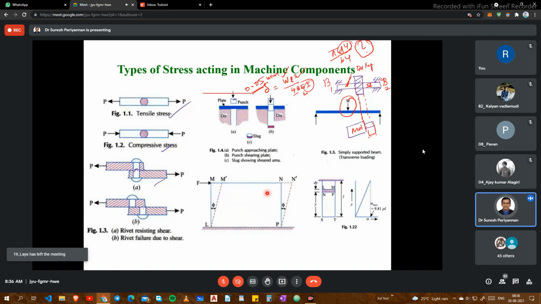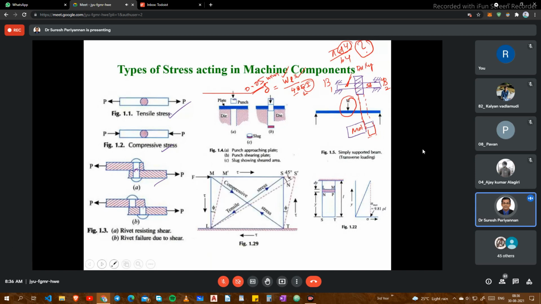Based on this concept, if you apply trigonometric and mathematical concepts, we are able to find the stress-strain relations.